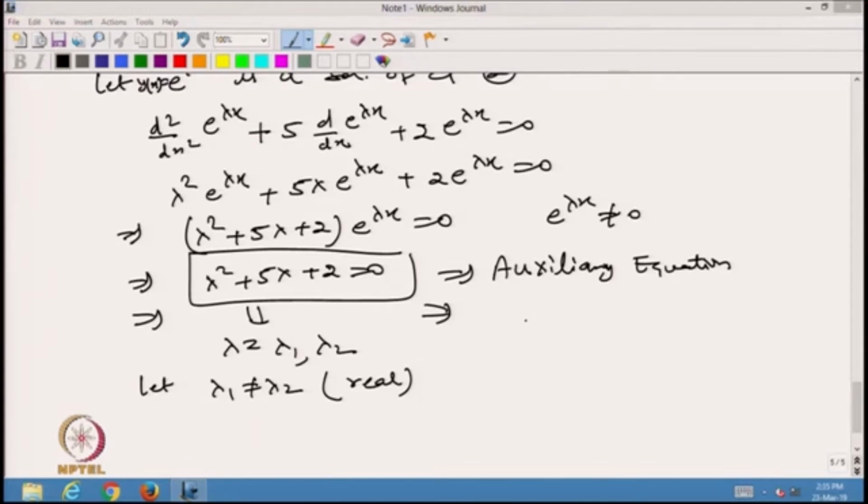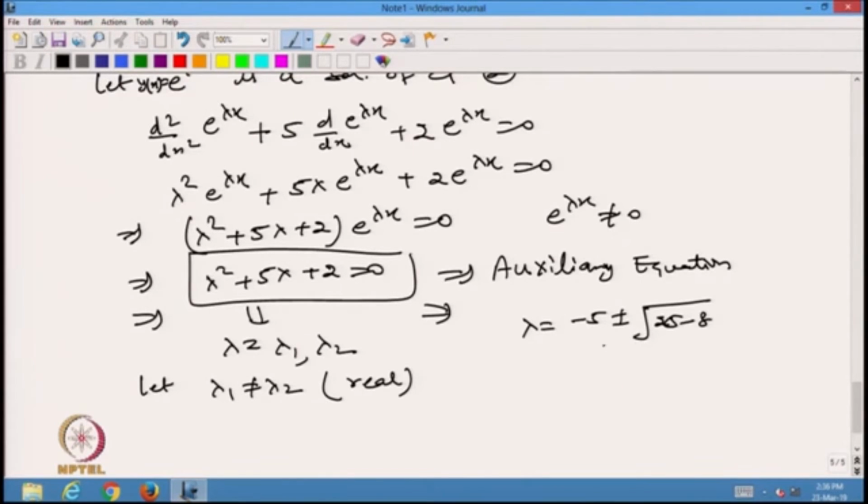So, lambda is equal to minus 5 plus minus square root of b square minus 4ac, divided by 2. Whatever I am getting here is minus 5 plus minus square root of 17, divided by 2. So, these are real, and lambda 1 and lambda 2 are not the same.